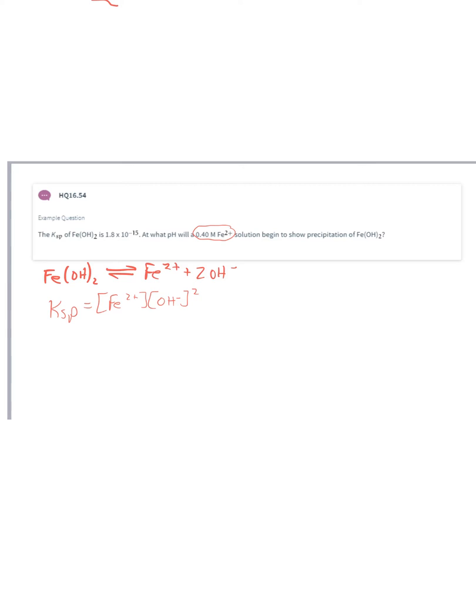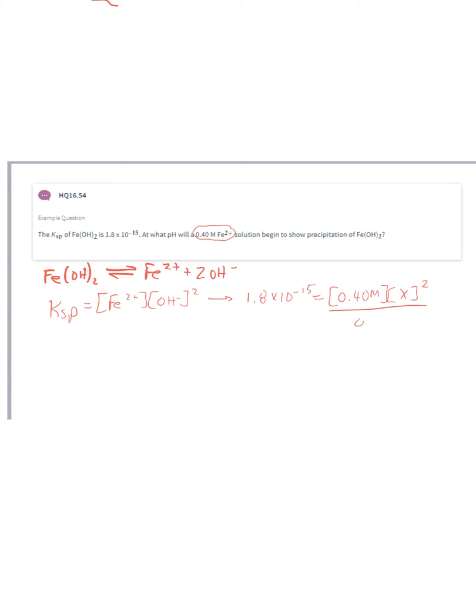In this case, we know Ksp, we know the concentration of iron, so that would turn into 1.8 times 10 to the minus 15 equals my concentration of iron, 0.4 molar, times my concentration of hydroxide, which I want to find out. Basically, what is that concentration of hydroxide when this starts to precipitate from solution?